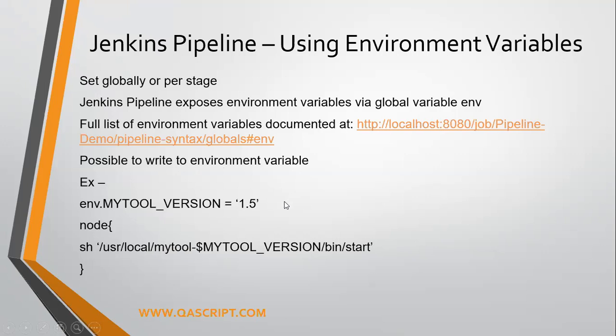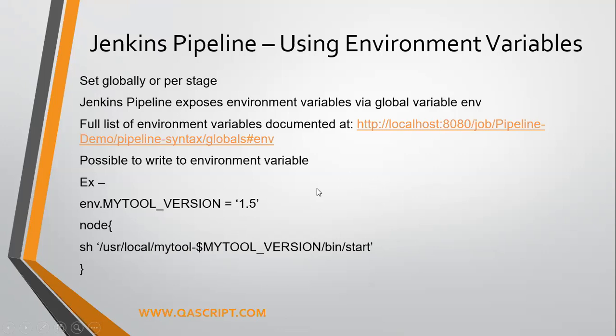You can also write your own value to that environment variable in this way: type env dot the environment variable and then the value, and then you can use it with the dollar sign and the environment variable, within your commands or within your node steps, right?